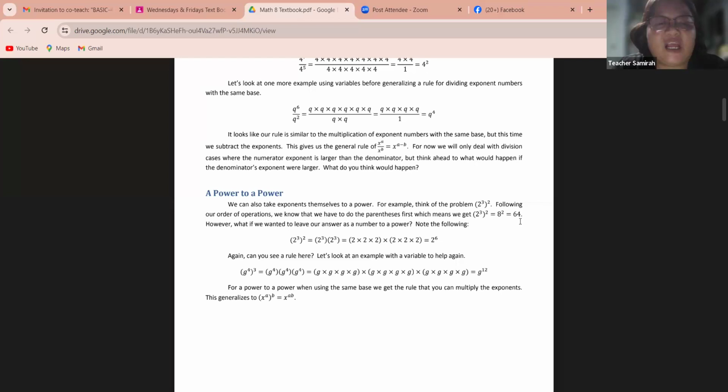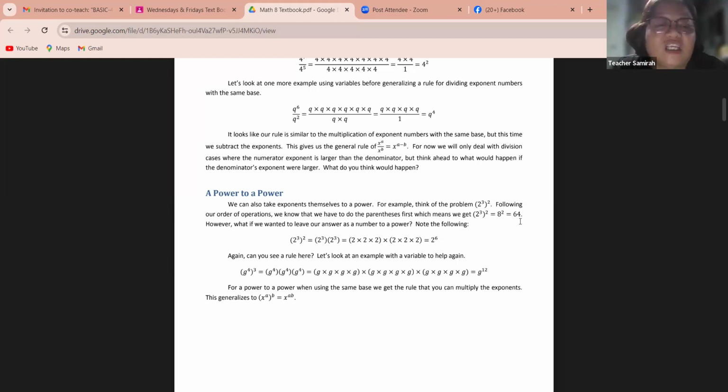G, and then remember the third rule regarding the same base. Multiplication: G to the power of 4 times G to the power of 4 times G to the power of 4. We know what we are going to do with that: simply add all the exponents, so 4 plus 4 plus 4.